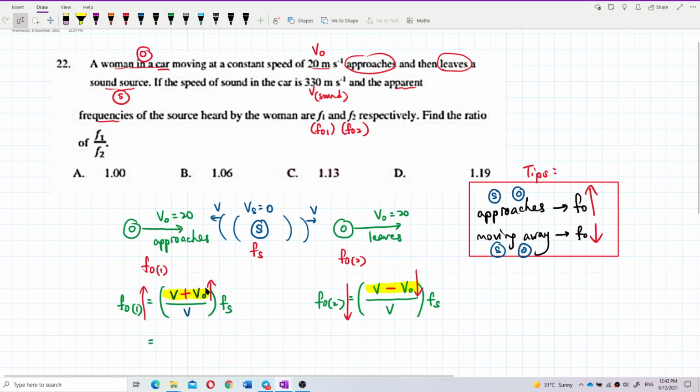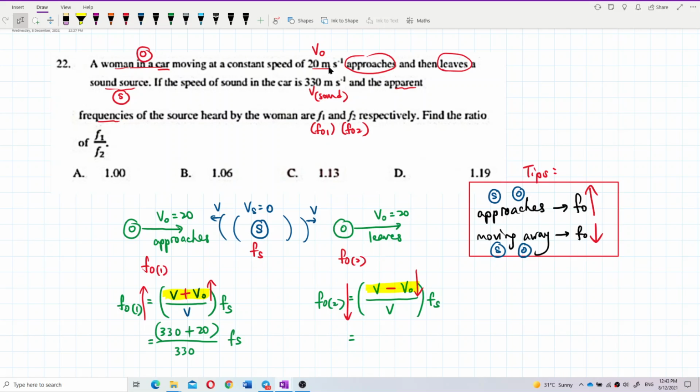Okay, let's continue putting in all our values. This is the speed of sound, 330, and then plus VO, which is 20. Put 20, and then over 330 Fs.